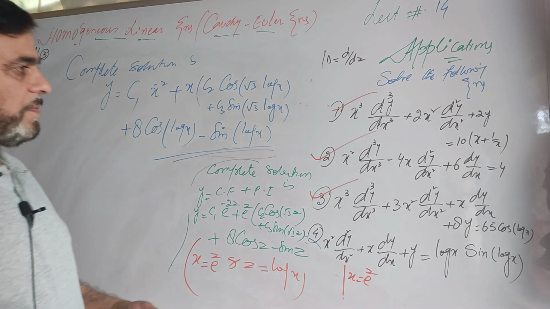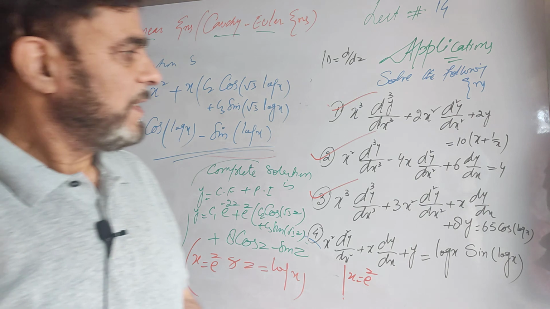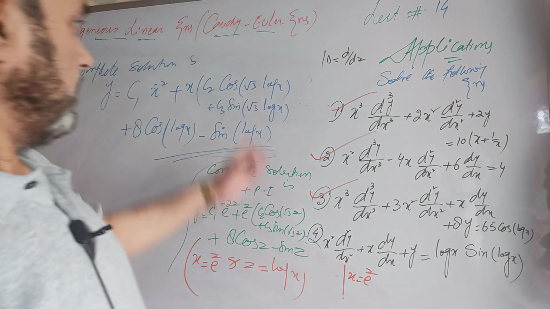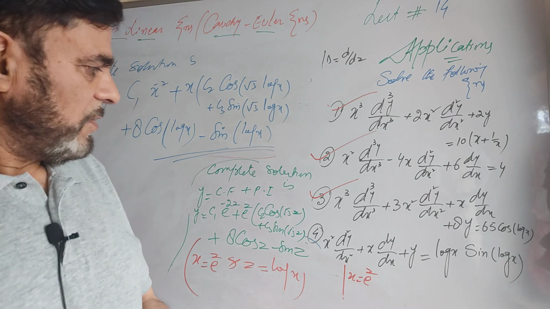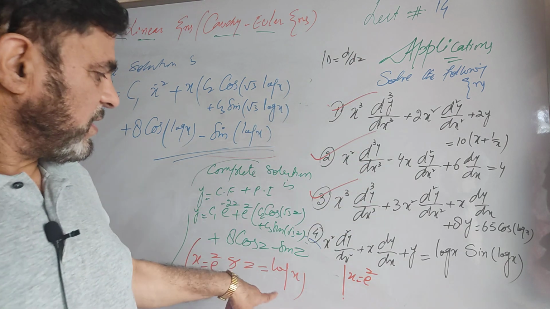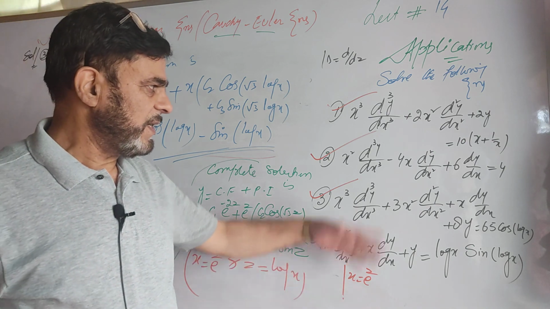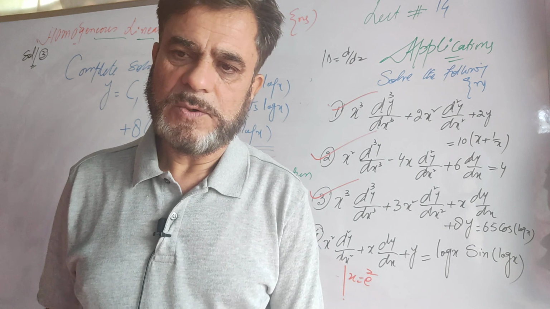Now you have one or two more problems. We will do one more lecture on this Cauchy Euler equation or homogeneous differential equations. These are all differential equations you have seen. By a suitable substitution, x equal to e raised to the power z, we can reduce them to linear differential equations with constant coefficients.